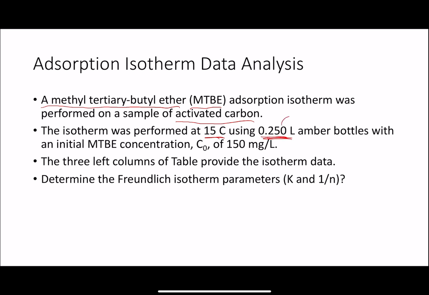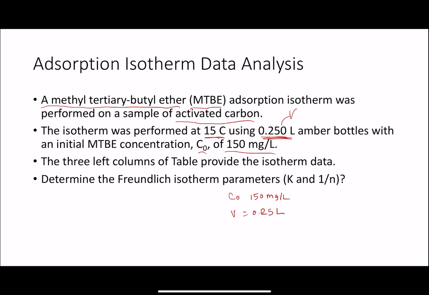So this is the volume now. Amber bottles with initial MTBE concentration, C0, of 150 milligram per liter. And the volume is 0.25 liter.